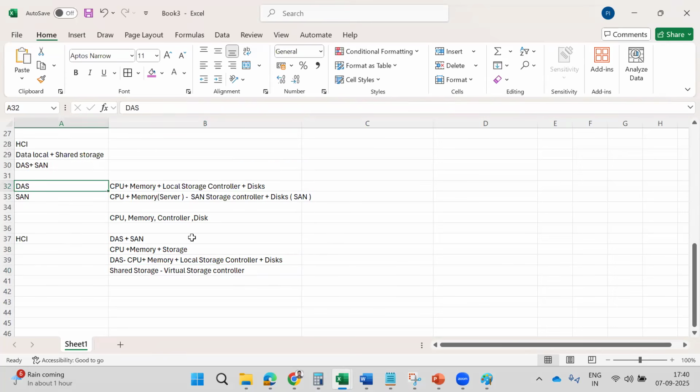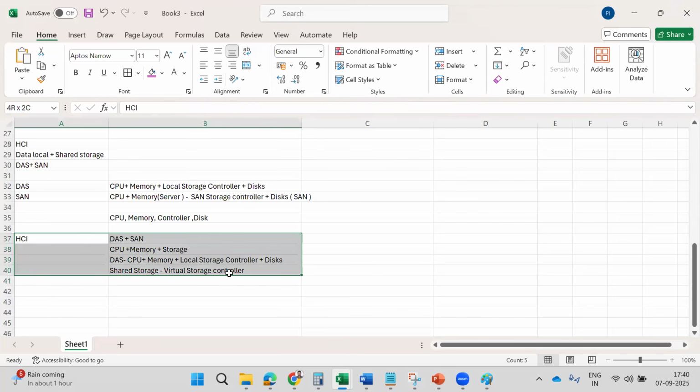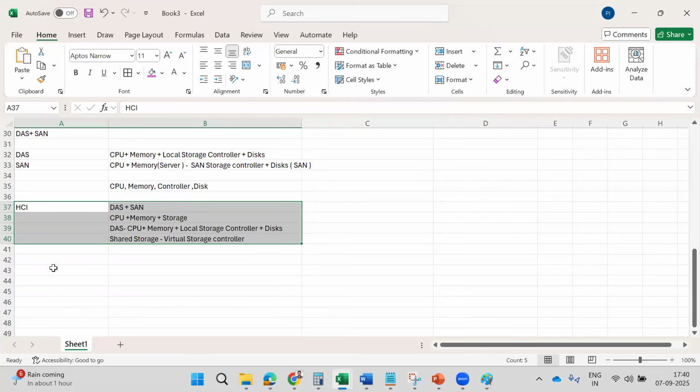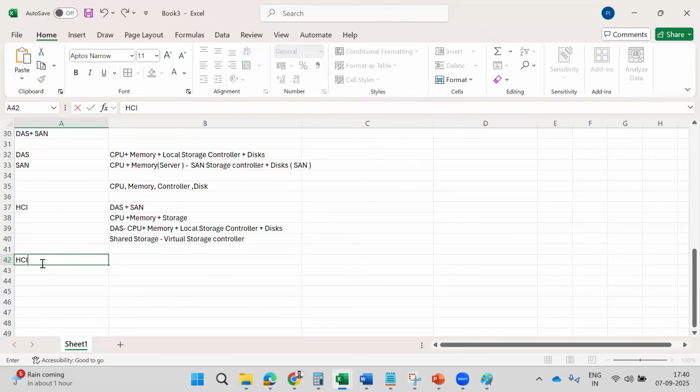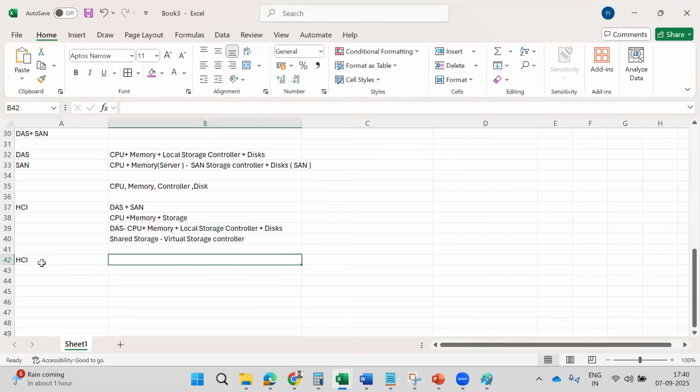Okay. So now this is HCI. HCI brings me DAS and SAN, which means data local and shared storage. Now HCI is very clear. What is the requirement for HCI? I need an x86 server. This server will bring compute: CPU, memory, and storage. That's very clear.